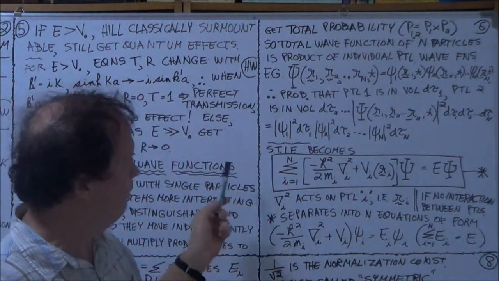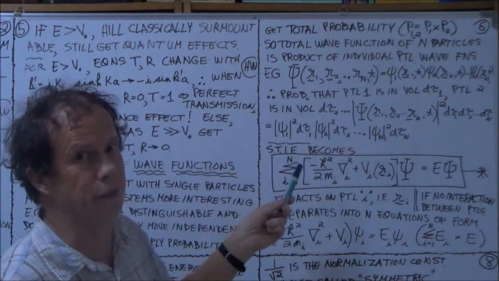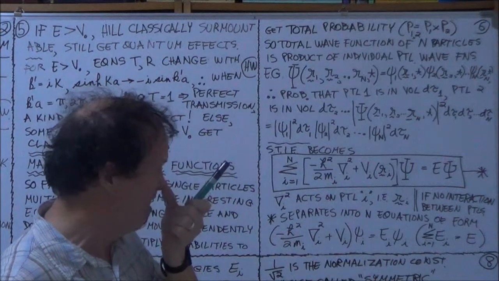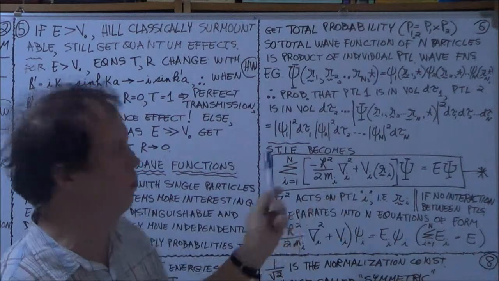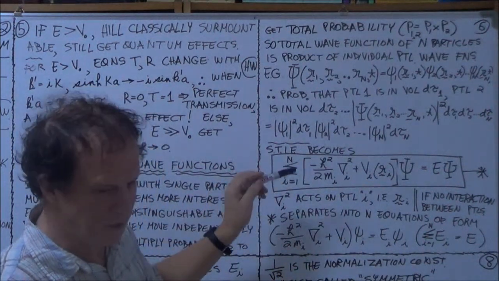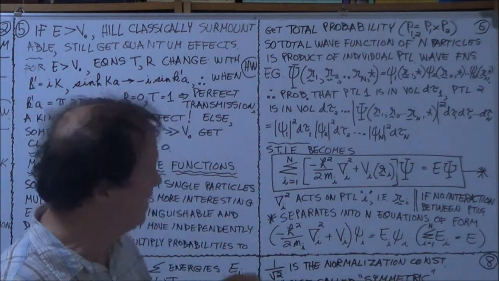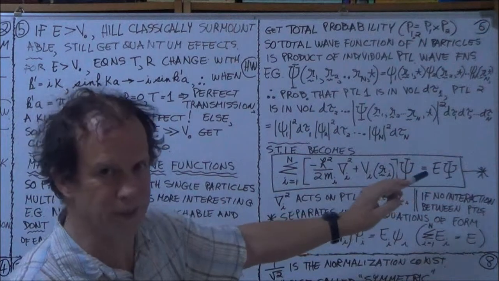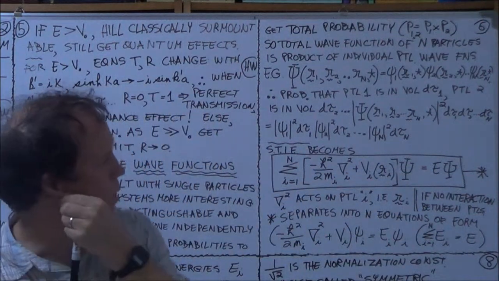Well, now this is a kind of hypothesis, really. I'm throwing it at you in a sense. So when you start thinking about the multi-particle system, it seems a reasonable hypothesis that this would be your Schrödinger equation.